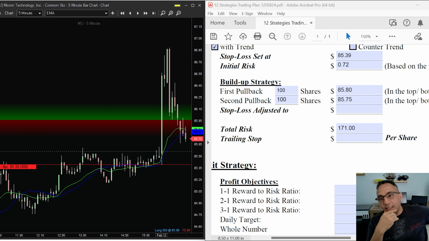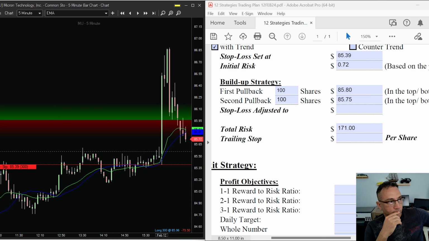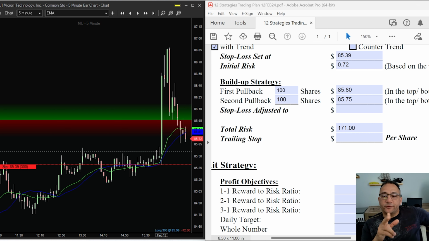The prior day closes at 85.60, so Micron is still in the green for the day. If Micron gives me a green bar, I'm gonna go in with one more 100 shares.